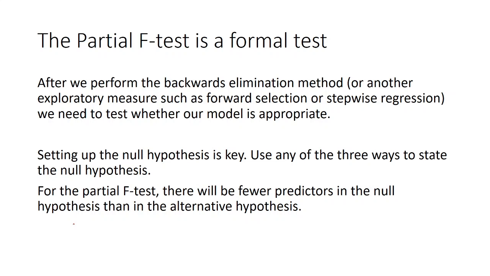Just as a note, for the partial F test, there will be fewer predictors in the null hypothesis than in the alternative hypothesis. The alternative hypothesis will be the full version, so you're keeping all or most of the predictors. And in the reduced model, you're only keeping the ones that came from your backwards elimination model.